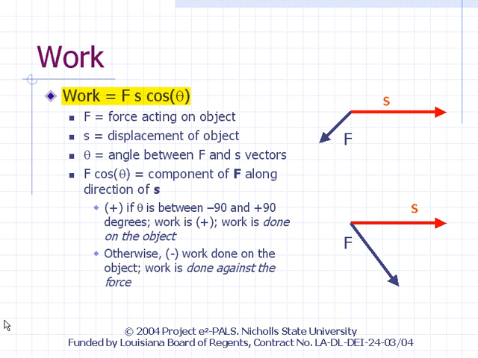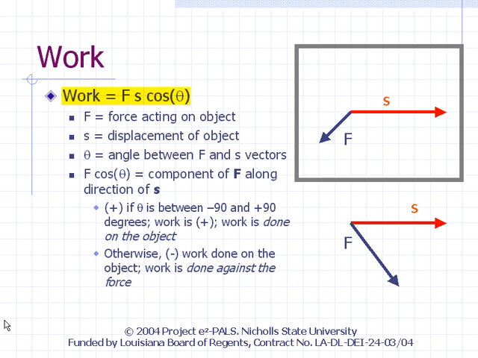You will note in the example diagram shown here that there could be two possible values for theta. It doesn't matter which one we use as long as we follow a consistent convention. In the first diagram, for example, theta can be 225 degrees if we make our measurement starting from the S vector counterclockwise toward the F vector.